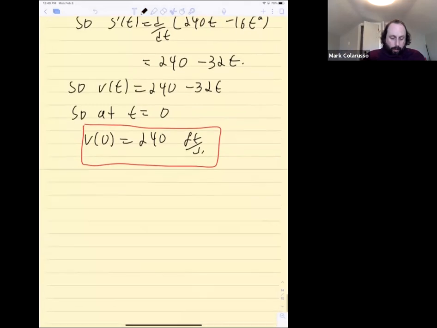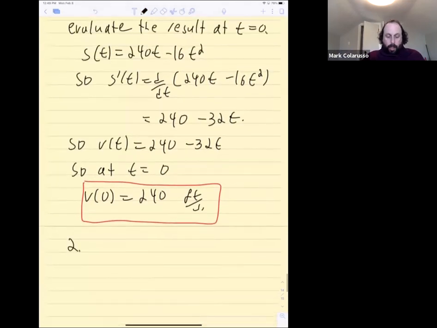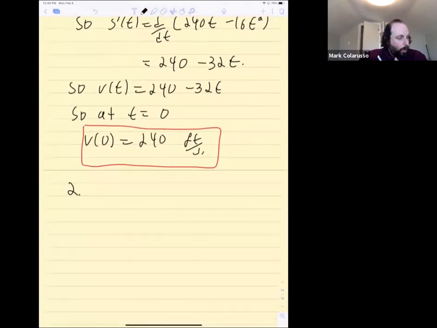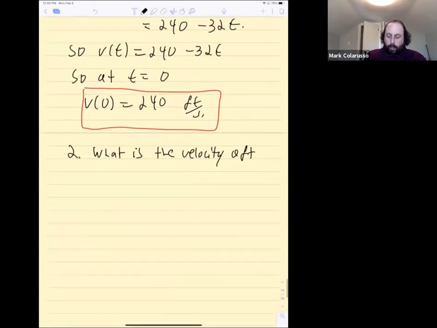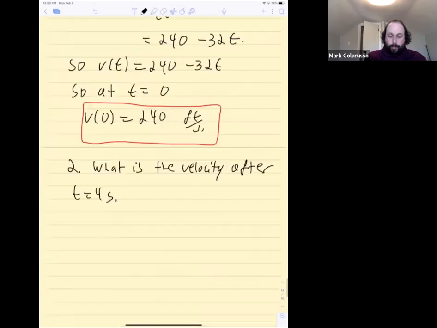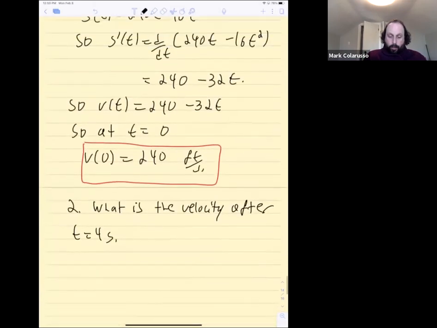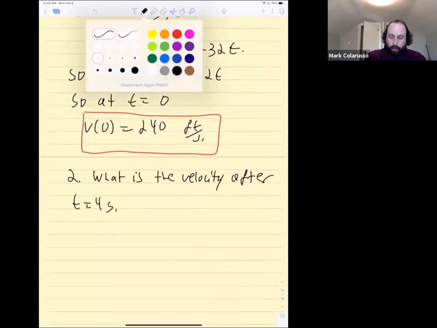And we can do the next problem. So the next problem is just about the velocity function. So what is the velocity after 4 seconds? t equals 4 seconds. Okay, so we need to compute this. So here's our velocity function.